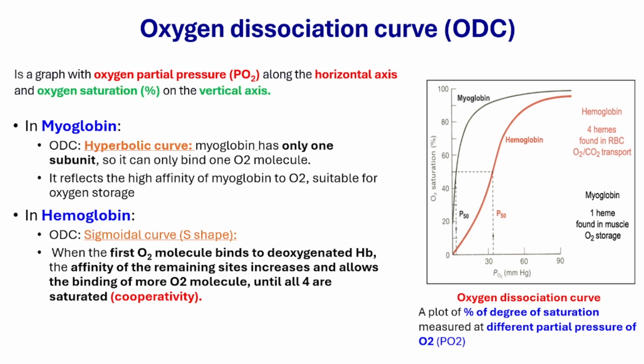So at the beginning the curve moves very slowly, and after that we reach the saturation very quickly. This cooperativity effect increases my affinity to the hemoglobin. Okay, is it clear? All right.